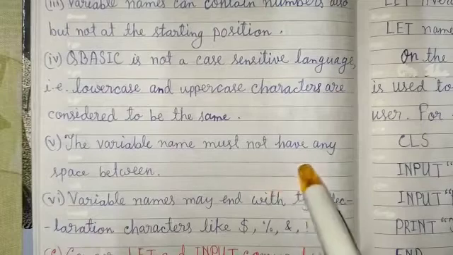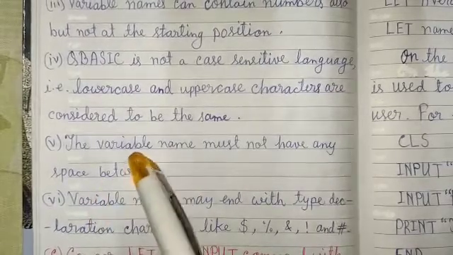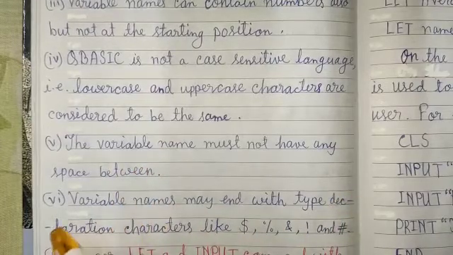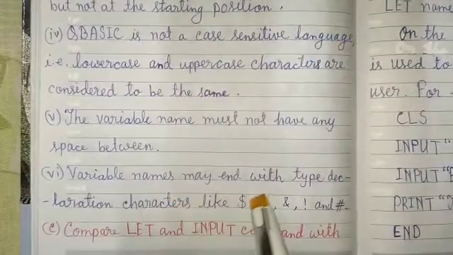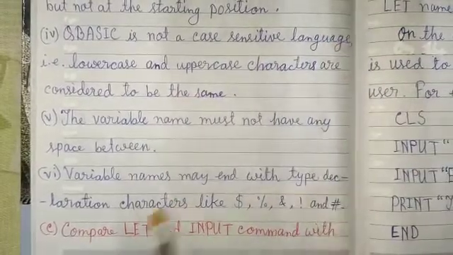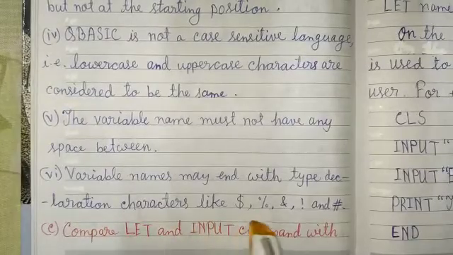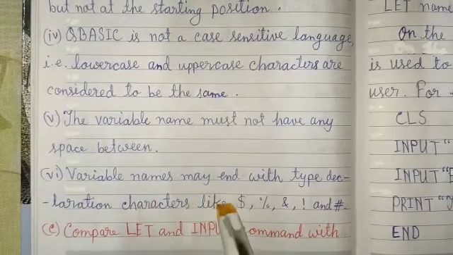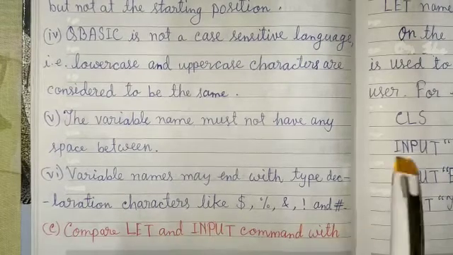The variable name must not have any space in between. Rule number 6. Variable names may end with type declaration characters like this.